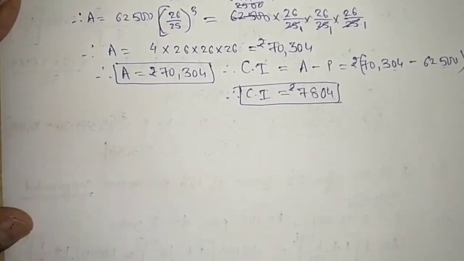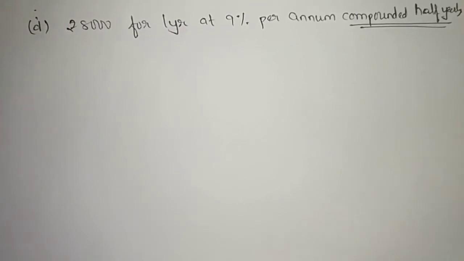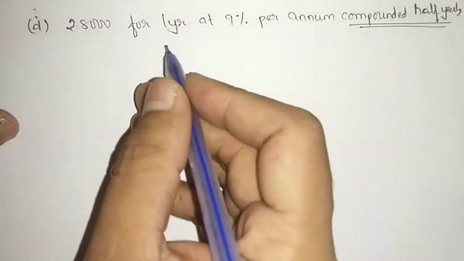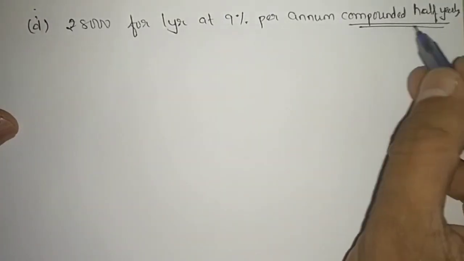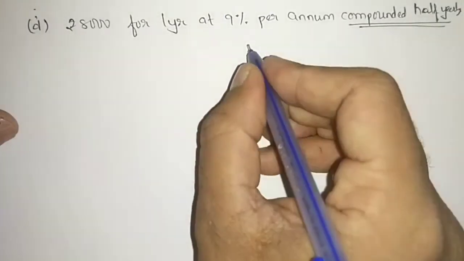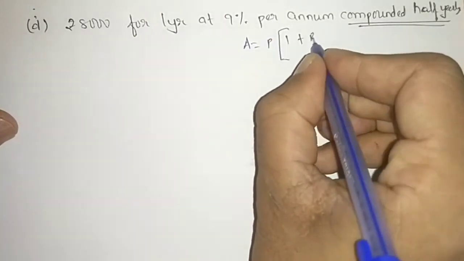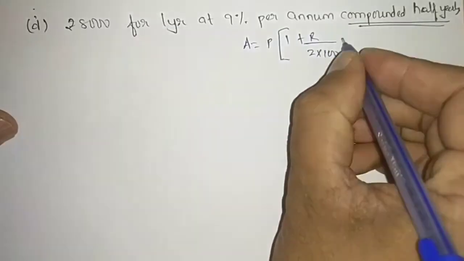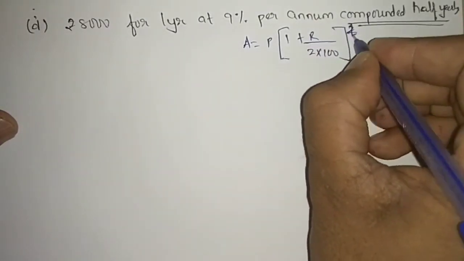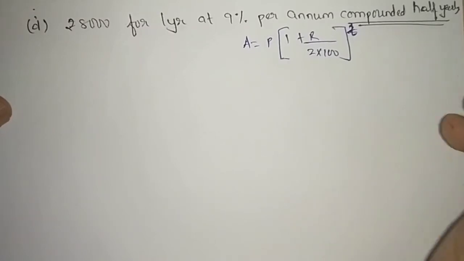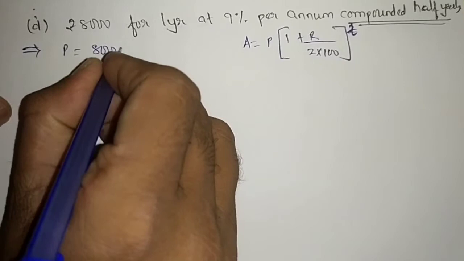First let me write it down. So part C says we have to find the compound interest and amount as always. Here it is compounded half yearly. So we will have amount is equal to principal into 1 plus r divided by 2 into 100 whole raised to power 2t. Here principal is 8,000.